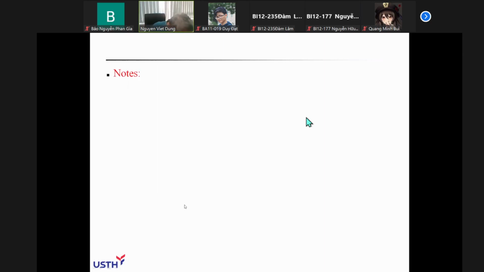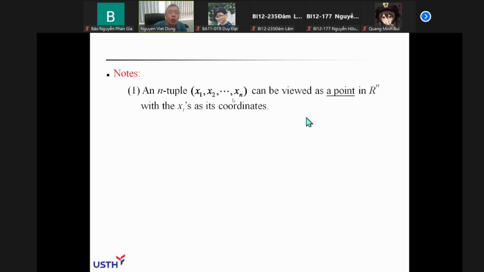Then I have some notes for you. Usually, an n-tuple x1, x2, xn can be viewed in two different ways. The first way, it can be viewed as a point in the n space A^n. Please consider n to be 1, 2, or 3 to see.